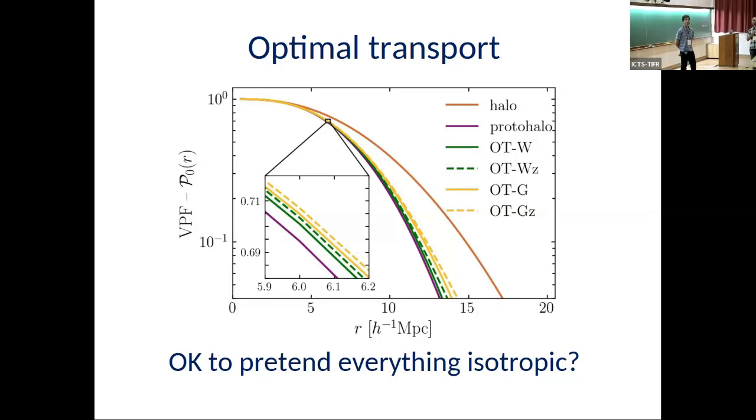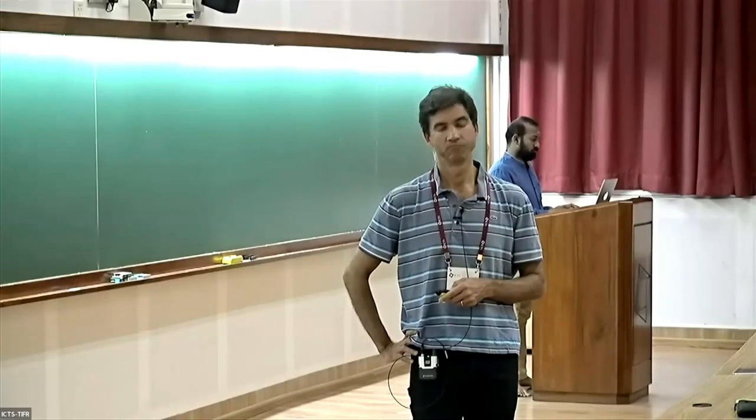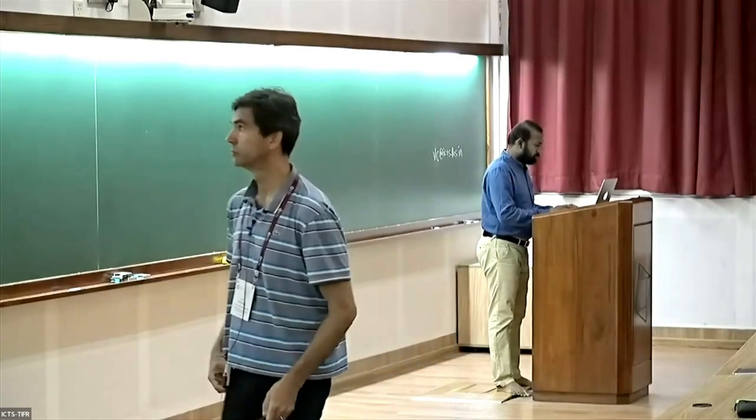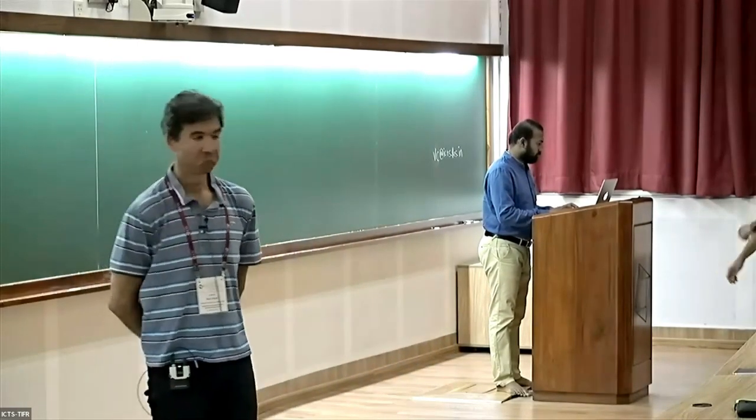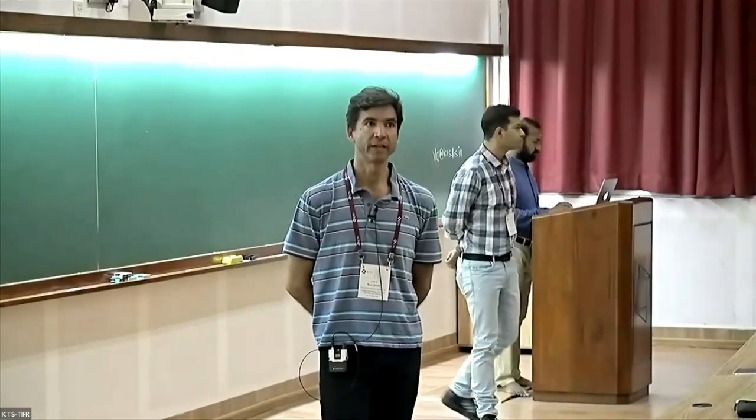Maybe one last question from Hector, and then we go. So my question is about how this compares in terms of assumptions with the standard reconstruction. The comparison between your method and the standard reconstruction method is essentially on the assumptions that you have to make, because eventually you have to assume bias, you have to assume growth factor. You don't have to assume a growth factor here.